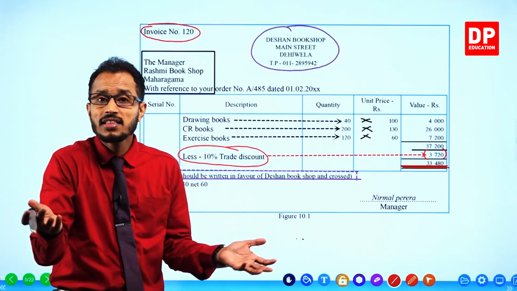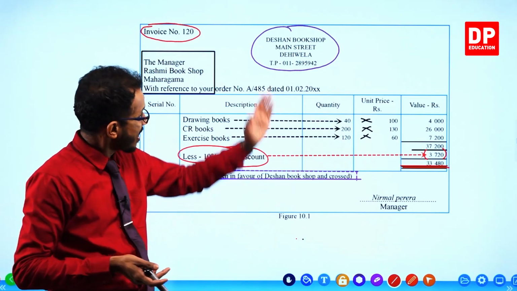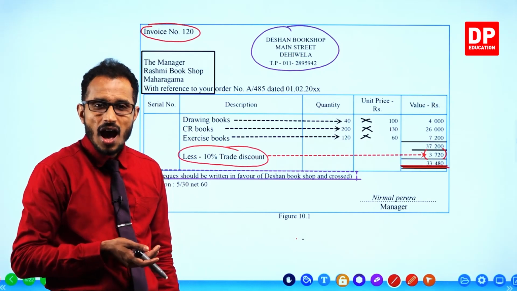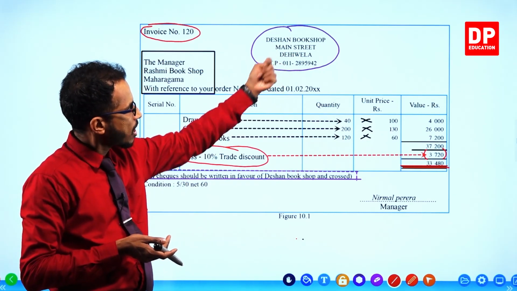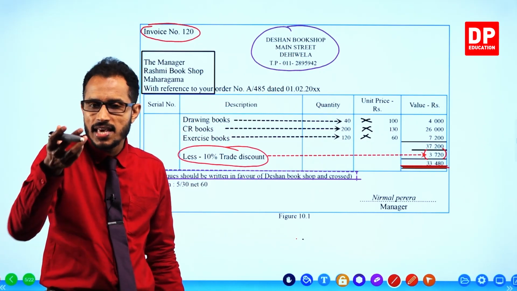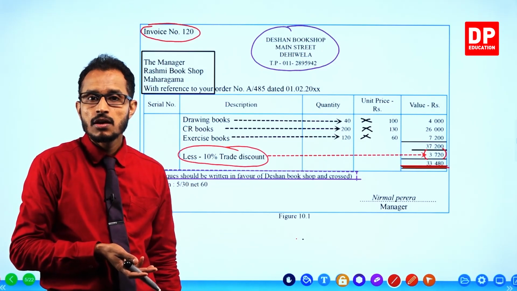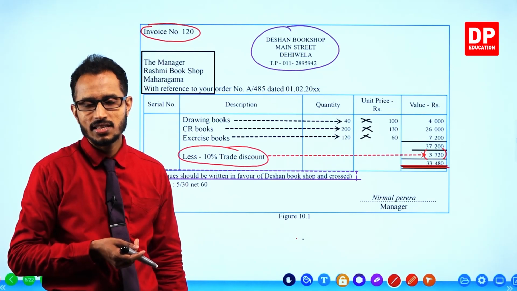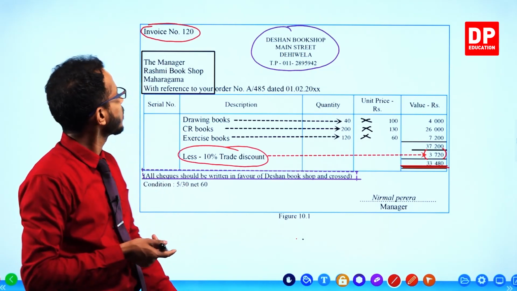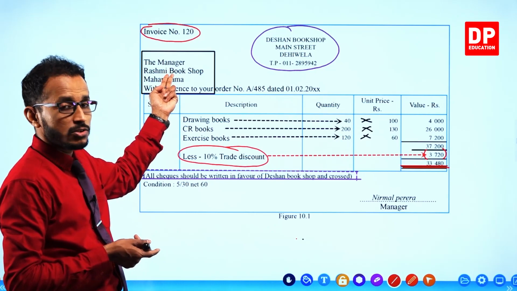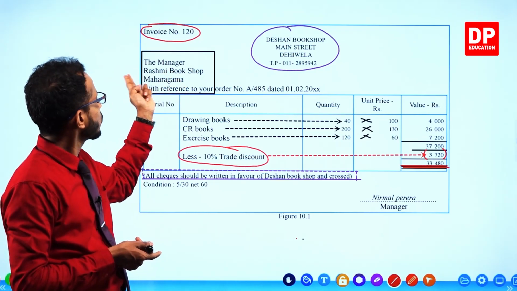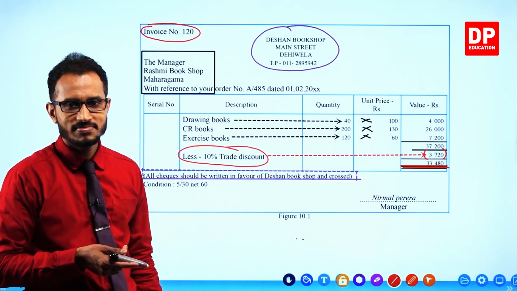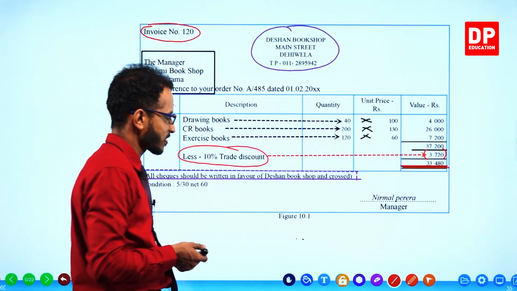Then who is expecting the payment, children? Deshan Bookshop. Which means, are they the ones who are buying? No, they are the ones who are selling. To whom? To Rashmi Bookshop. You got it?